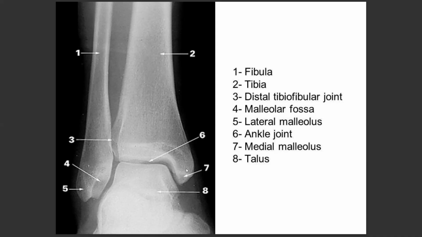It means the medial malleolus is shorter in terms of distal extension, while the lateral malleolus is more distal in length. Similarly, if we look at the tibial surface, the tibia is more distal posteriorly as compared to anteriorly. Anteriorly, it is less distal than the posterior one.